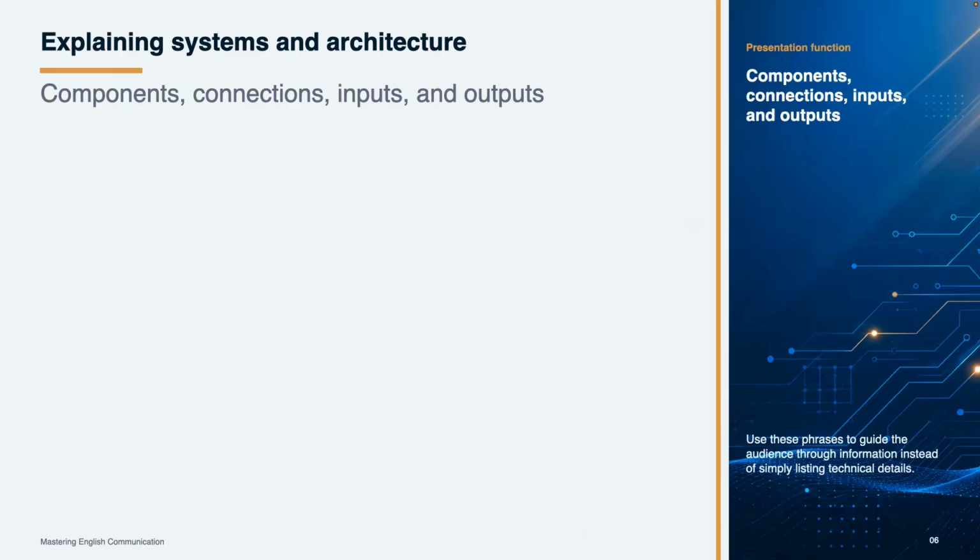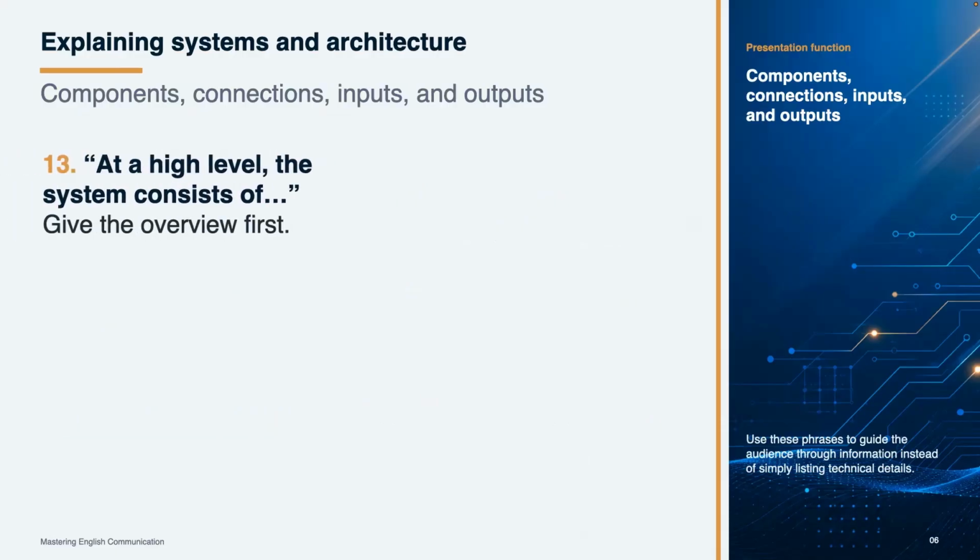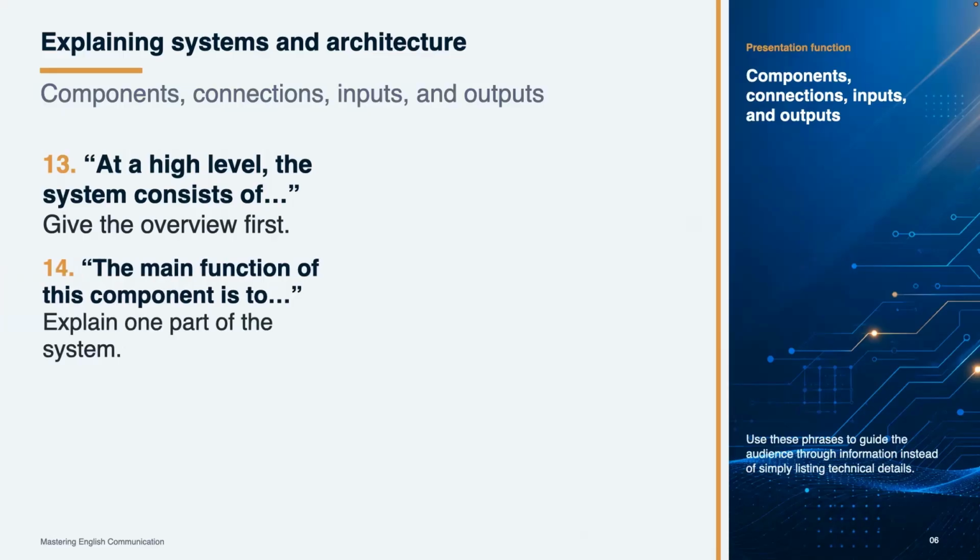Next, we have explaining systems and architecture. This is where you talk about the components, connections, inputs, and outputs. At a high level, the system consists of. This gives the overview first. The main function of this component is to. You explain one part of the system.